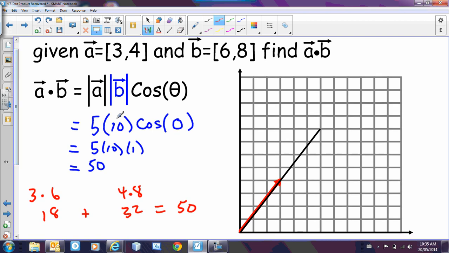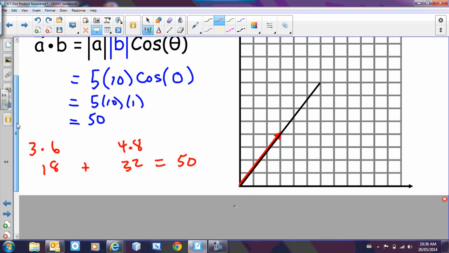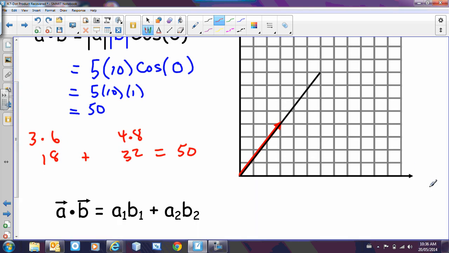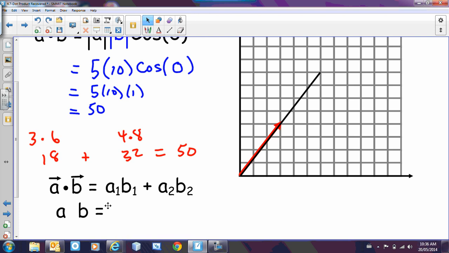So it turns out that there's another way to find the dot product when we have Cartesian vectors. And it actually works out to be quite easy, quite nice.